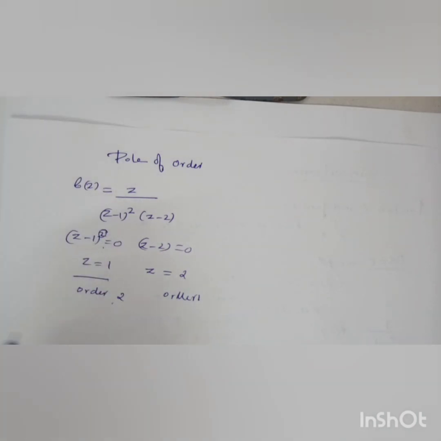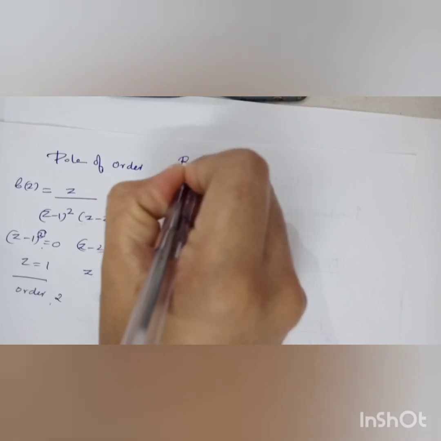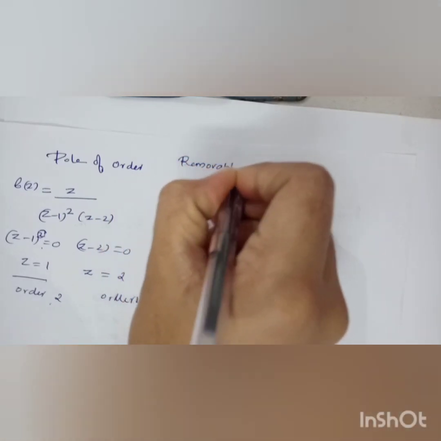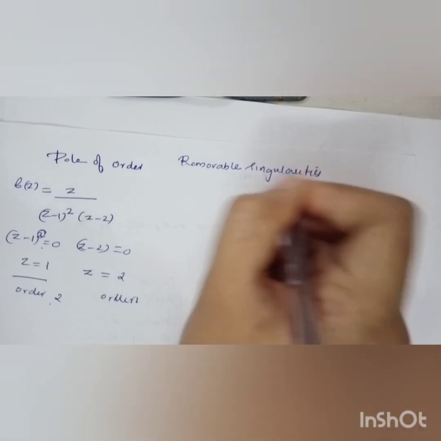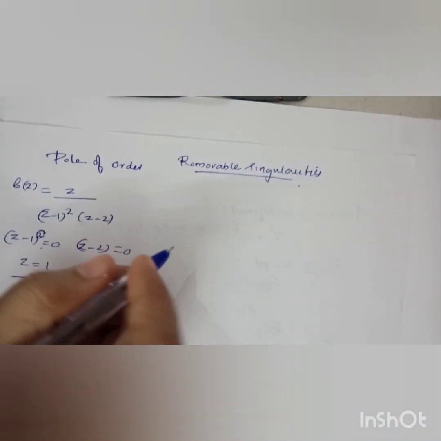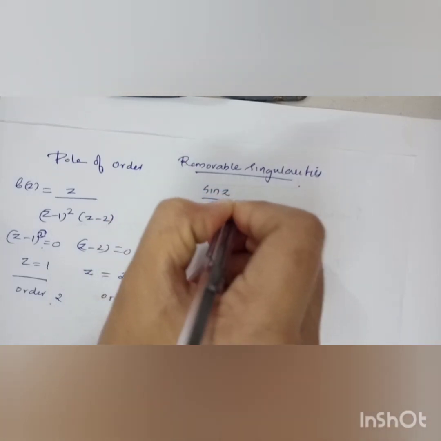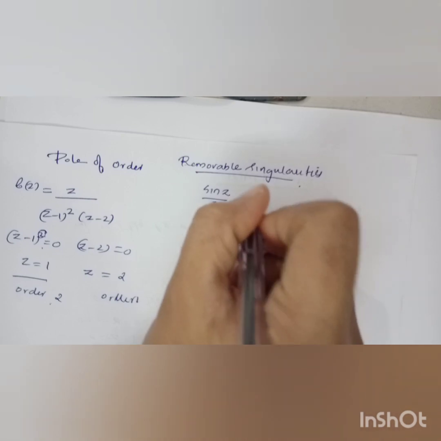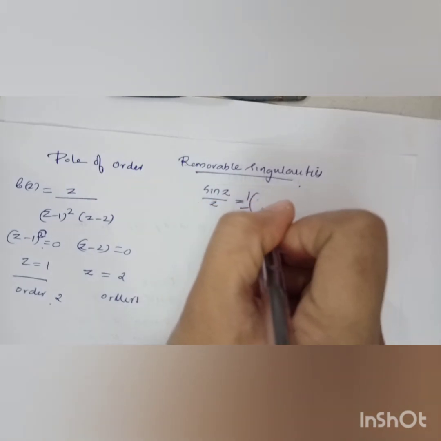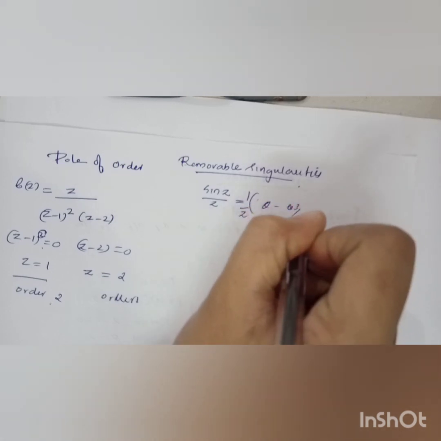Okay, what do we mean by another term, the removable singularity? What removable singularity means: consider the function sin z divided by z. We know sin theta is equal to theta minus theta cube by 3 factorial, like that.